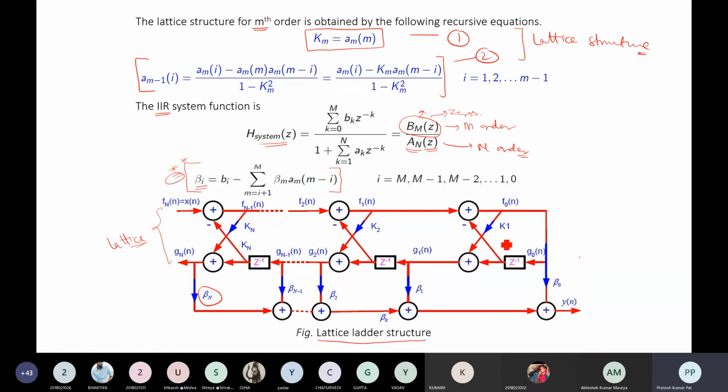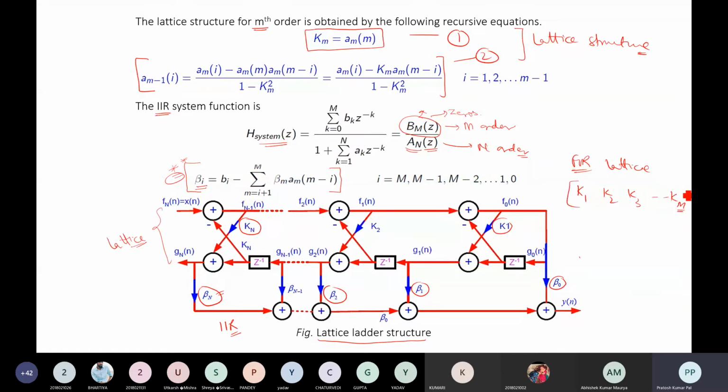So one thing is that the coefficients start with k1, k2, k3 up to kn here in case of the denominator polynomial, and in case of the numerator polynomial, it will start with b0, b1, b2, and up to bn. Okay, so this is in case of IIR system. The polynomials are written in the reversed order, but in case of FIR lattice structure, we have seen that the coefficients are written k1, k2, k3, and up to km, whatever order of the filter is there.